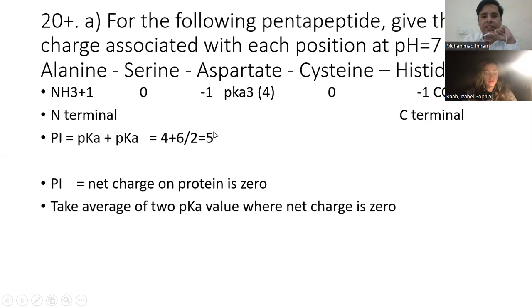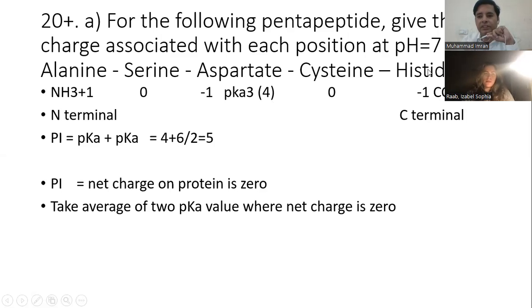Why? At pH 5, this carboxylic group is also protonated, and the net charge on the protein is 0. So take two pK values. One is the pK value of aspartic acid, and the other is the pK value of histidine. The pK of the side chain of aspartic acid is 4, and the other, the basic amino acid histidine, has a pK value of around 6.